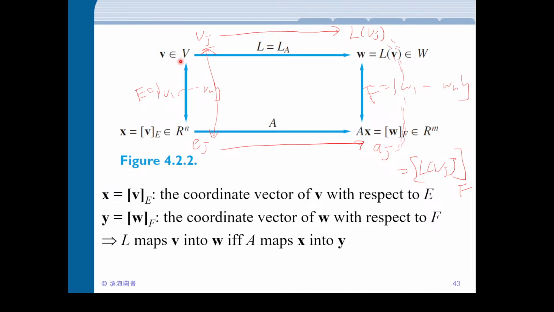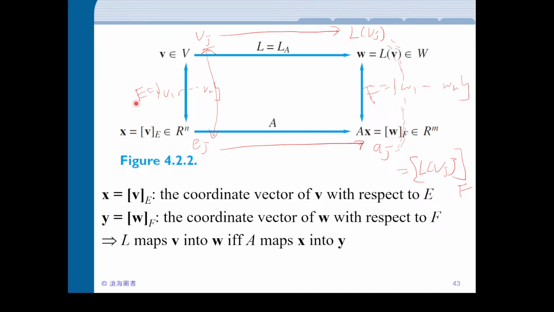So we have V to W. This is what we originally have. We have an abstract space big V and an abstract space big W, and some vector inside V will get mapped to some vector W equal to L of V. And we say we can map V and W to R^n and R^m by looking at ordered bases.